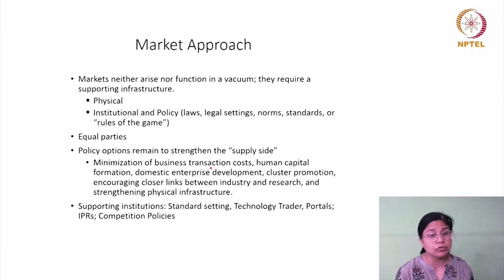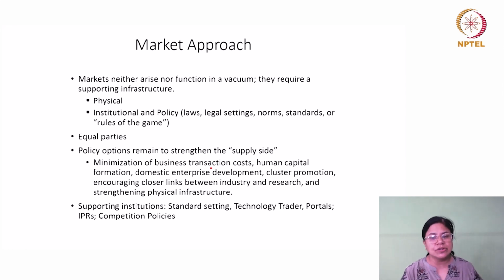You also need institutional and policy infrastructure related to law, legal setting, norms, standards, rules of the game, etc. When you are taking a market approach, you may not interact directly with a technology supplier, but the focus of the government in that case would be to create an environment whereby market transactions are supported, right? So you are creating supporting institutions like standard setting, technology traders, portals, IPRs, competition policy, etc.